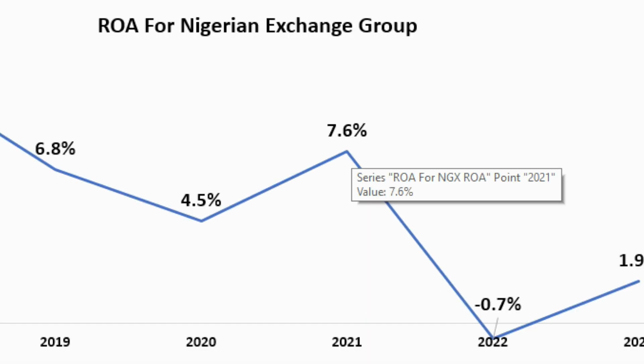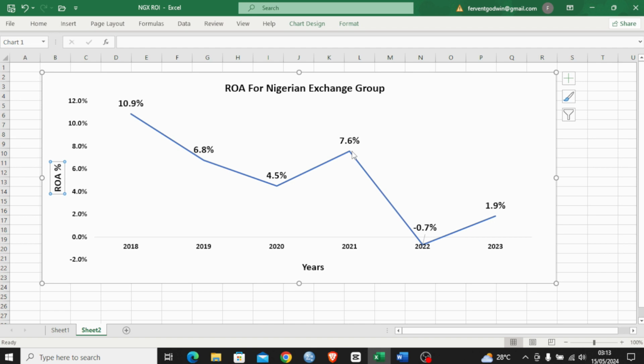In 2020 they came up again at 7.6%. So we could see the fluctuation in the trend, that they were not consistent in maximizing their return on their assets to generate the cash.